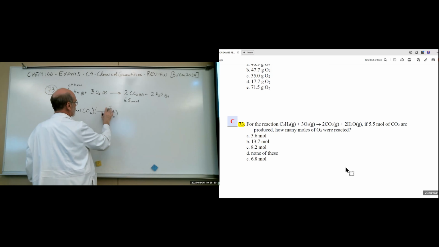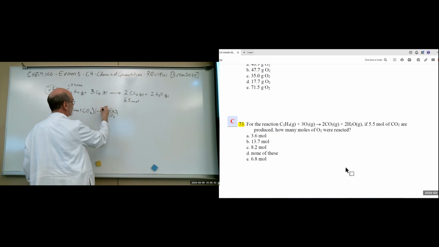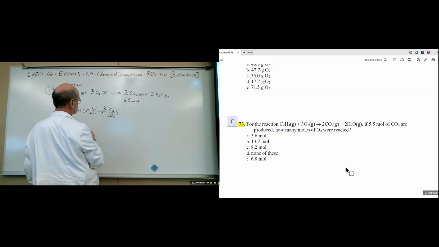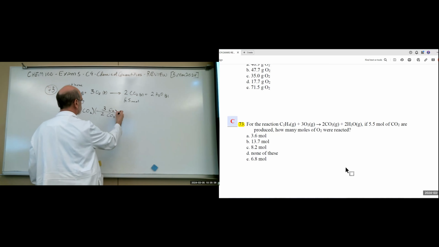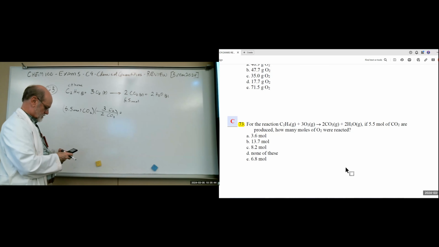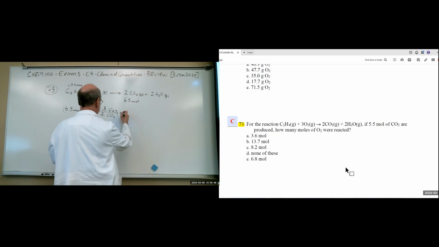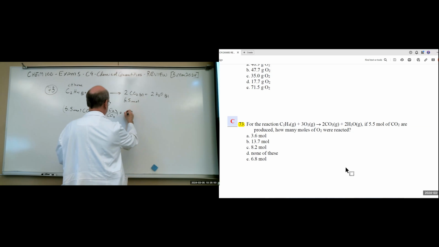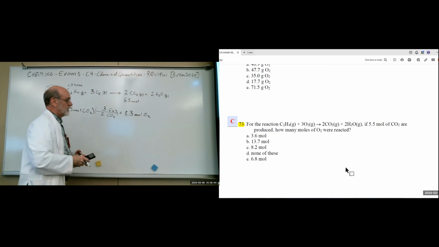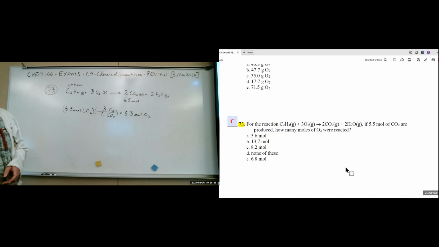And the ratio is 2 CO2s and 3 oxygen. So 5.5 times 1.5. 8.3 moles of oxygen were reacted to produce that.